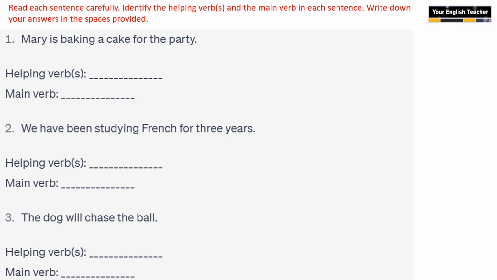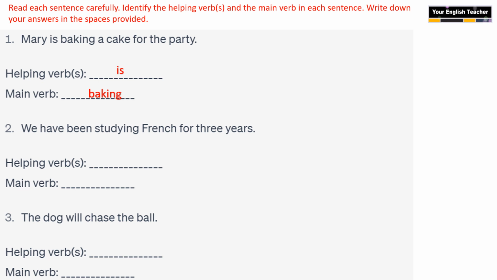In that verb phrase, the last word is always the main verb. So here in the first sentence, Mary is baking a cake for the party, is baking is the verb phrase. In that, the last word is baking, so that will be the main verb, and before that what is there? Is. So that is the helping verb. So is is the helping verb, baking is the main verb.